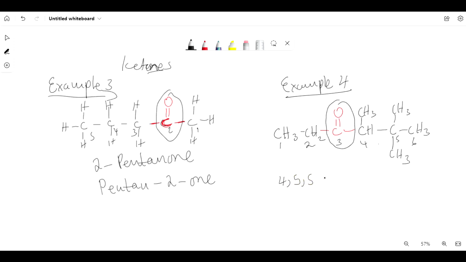So 4,5,5-trimethylhexane. Then the position of the ketone is number 3.